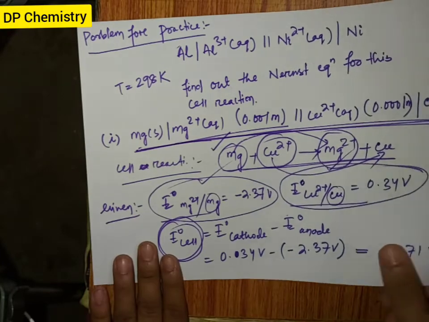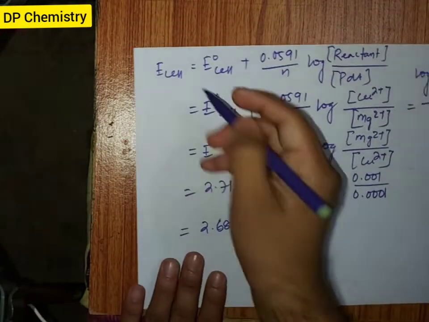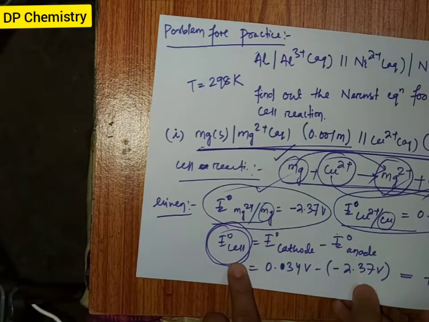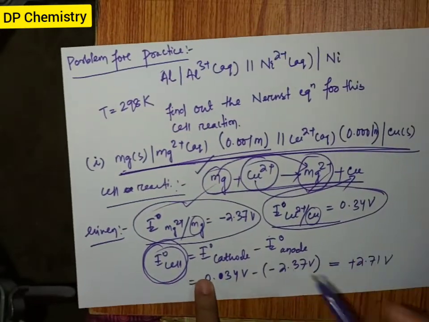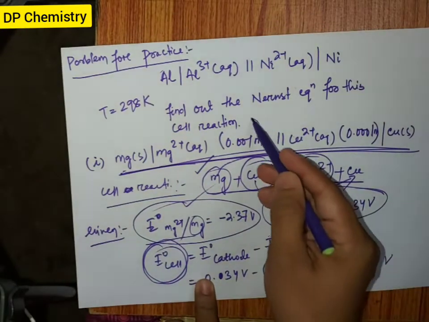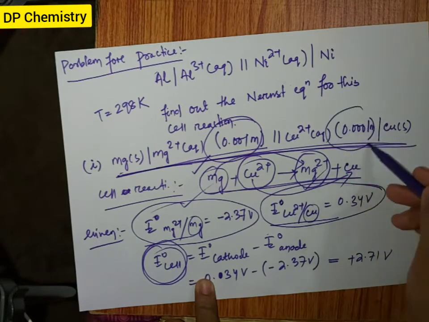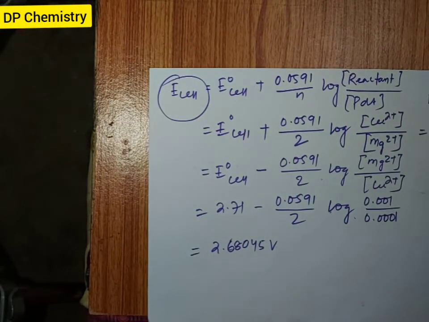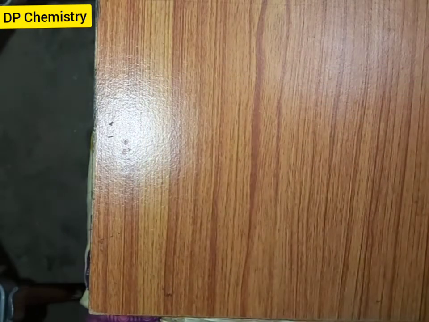Then you have to find the E cell. How can you calculate? You have found the E naught cell, you have found the value of n, and the concentrations of reactant and product are given. Just use the Nernst equation and calculate everything, right? It's so simple.